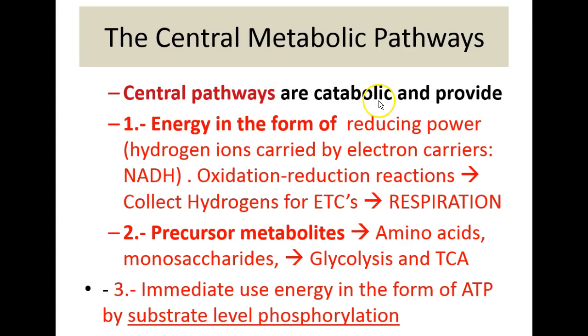So when used as catabolic pathways, glycolysis and the Krebs cycle will provide energy in the form of hydrogen ions, precursor metabolites, and some ATP or immediate use energy by substrate level phosphorylation.